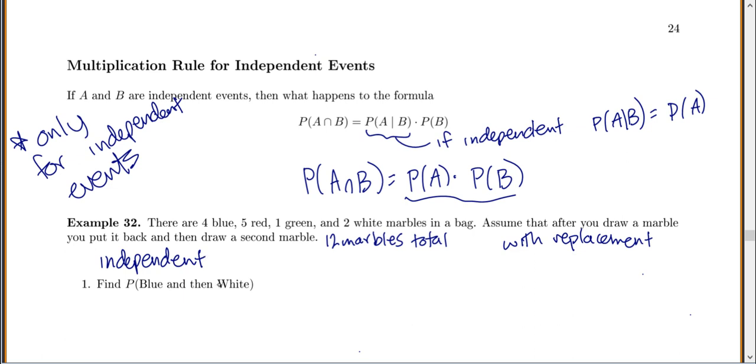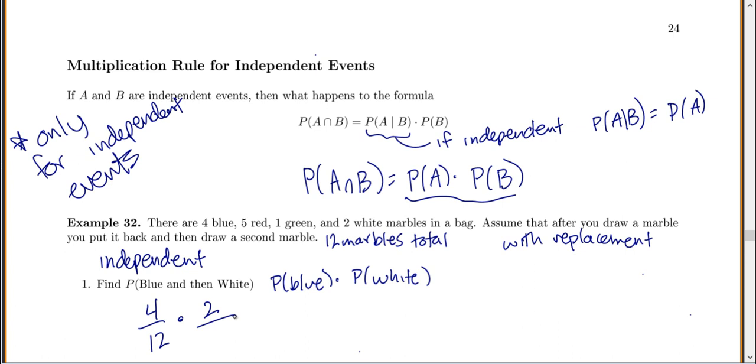So let's find the probability of blue and then white. Because they're independent, you can just do probability of blue times probability of white. Okay, but again, I usually don't write these out in these kinds of problems. I just kind of think about it, do it in my head, or use the logic. So if I want a blue marble, there are 4 out of 12 marbles that are blue. Then I want a white marble. So there are 2 white marbles, but how many are there total?